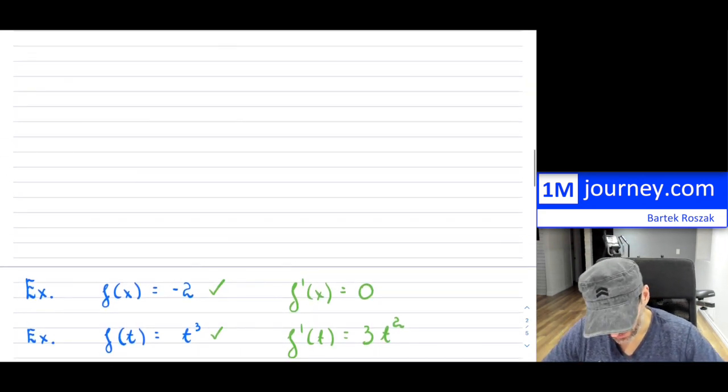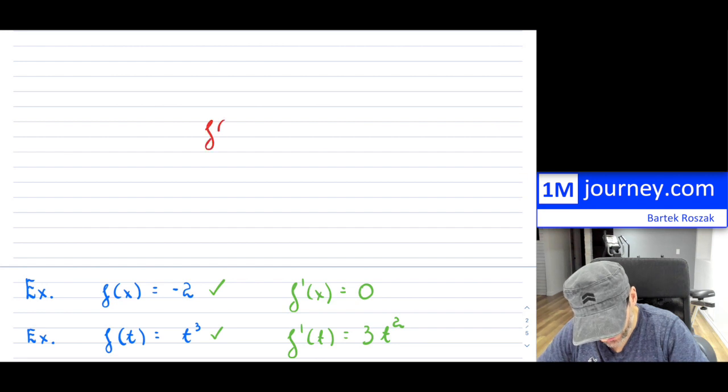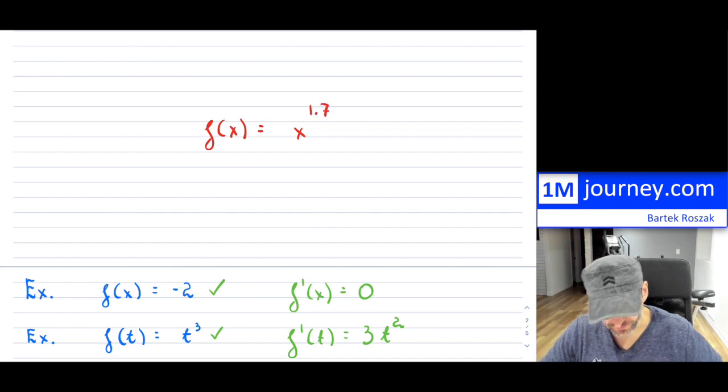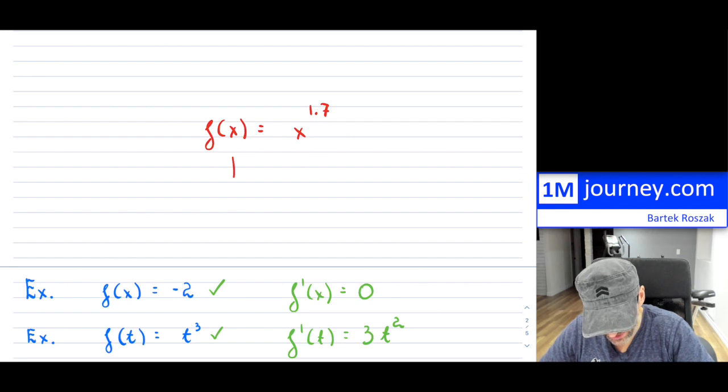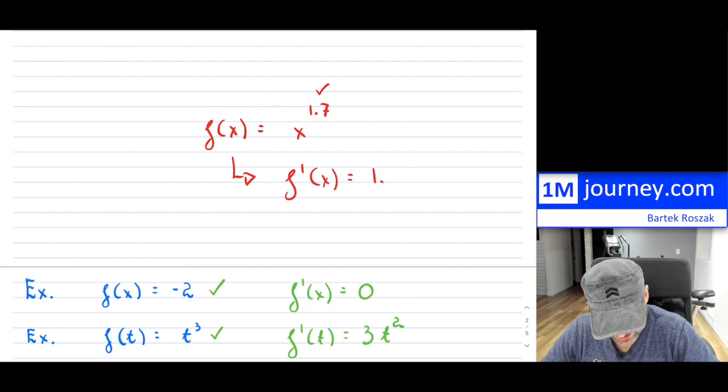So for instance, if you had f(x) equal to x to the 1.7, the same result still applies. Meaning that if you wanted to take the derivative, and this is indeed a decimal, then this would simply be taking the 1.7 to the front, and then x to the 1.7 minus 1, which is just 1.7x to the 0.7.